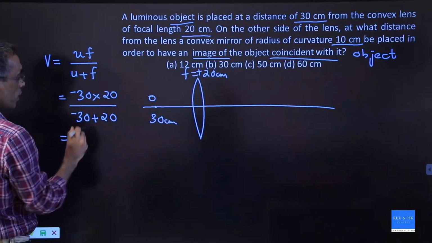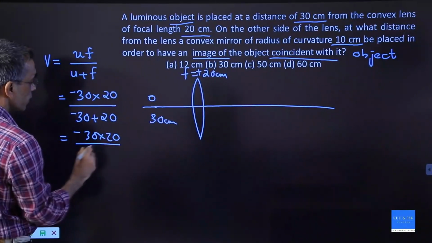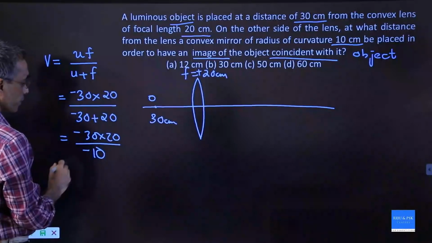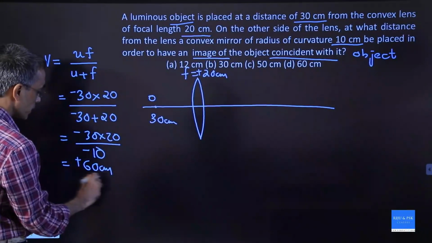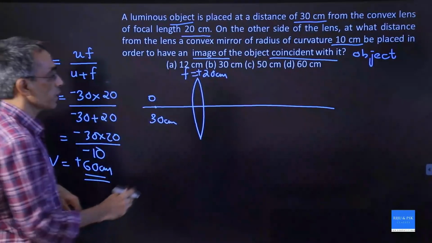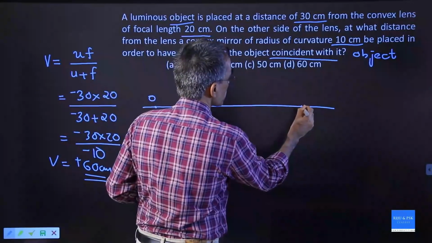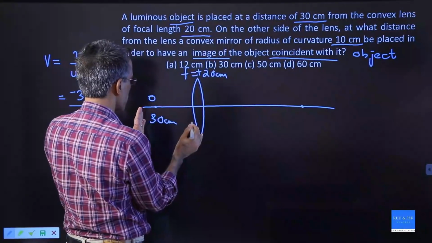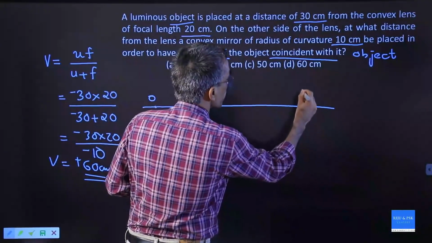So this gives you minus 30 into 20 divided by minus 10. This gives you 60 centimeter positive, means on the right side. So the image of this object will be at 60 centimeter here. This is 30 centimeter, so almost double the distance.